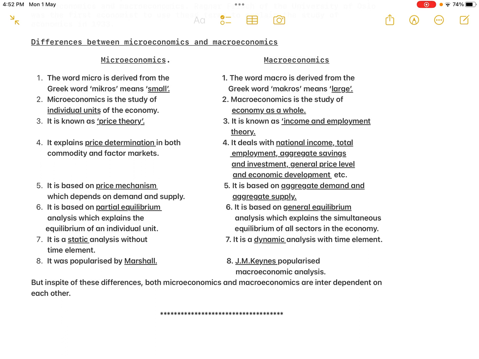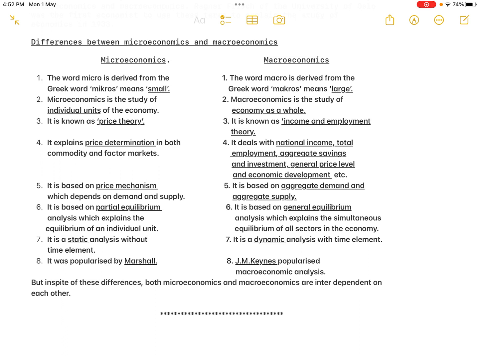That is why it is a partial equilibrium of an individual unit: only one particular firm, only one individual consumer, only one individual commodity or service, only one individual factor. That particular factor or sector has attained the equilibrium. So it is only a partial equilibrium analysis.